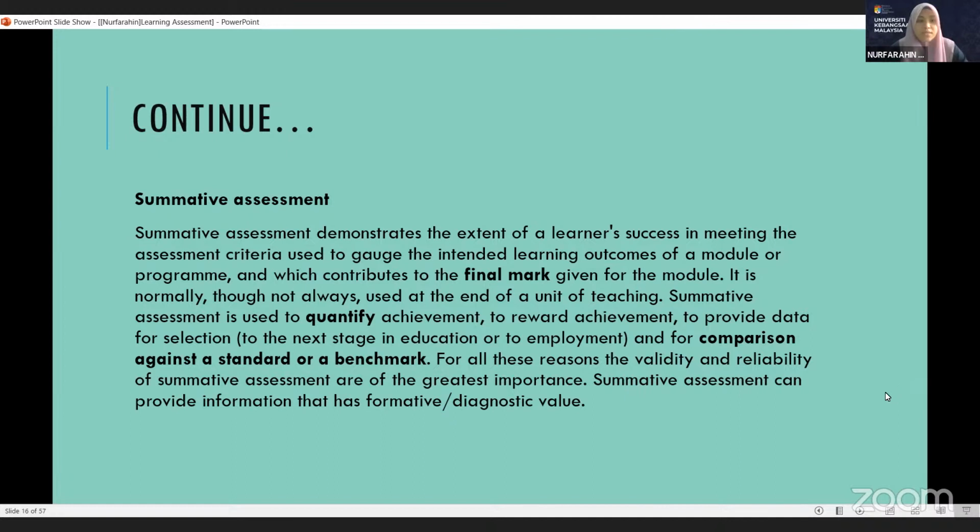So for all these reasons, summative assessment must have very high credibility and validity as well as reliability, because summative assessment is, again, very high stakes. It gives pressure not just to the students, it gives pressure to the teachers to perform. It gives pressure to parents, whether the kids are doing well during the exam, okay?